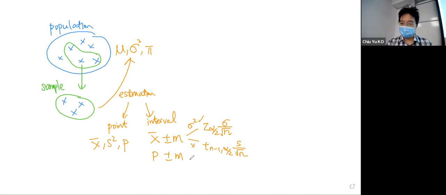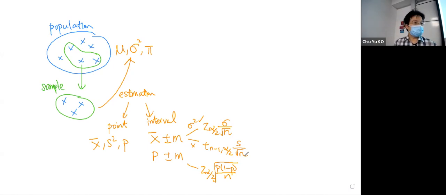And for the proportion case, you don't need to know sigma; it's just the square root of p times 1 minus p over n. That is what you learned in the last topic.